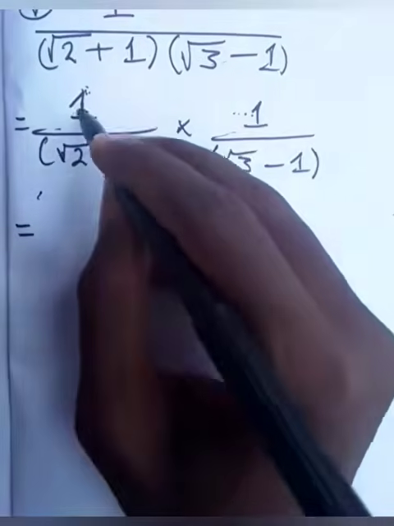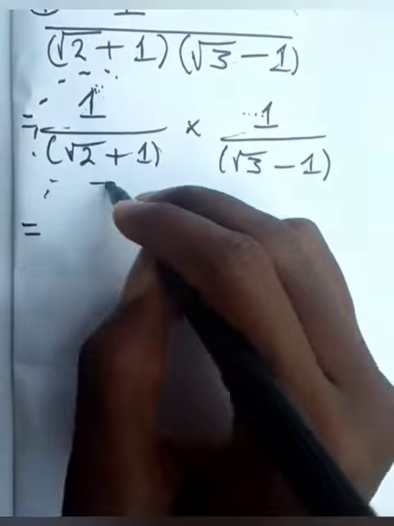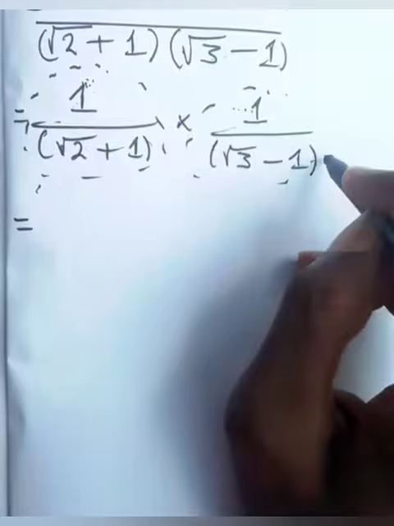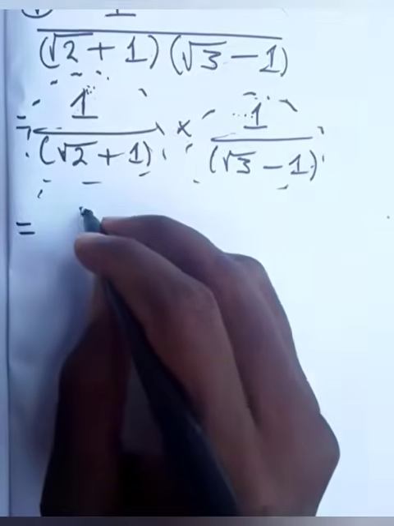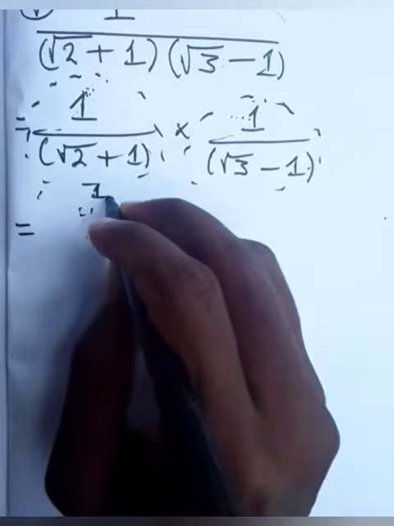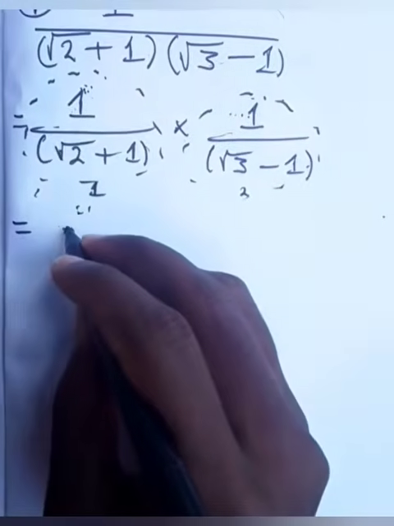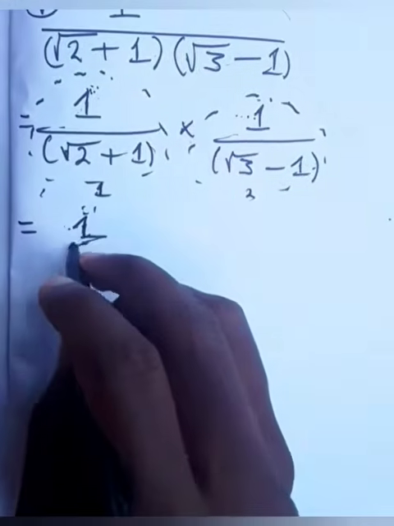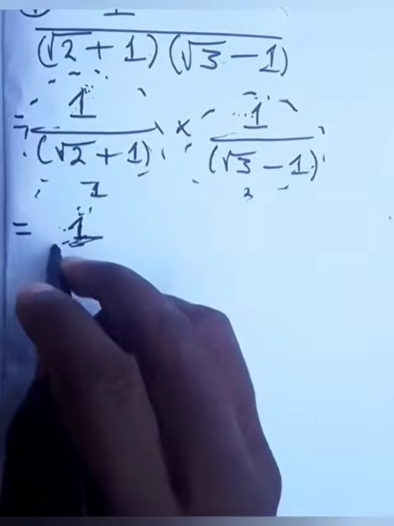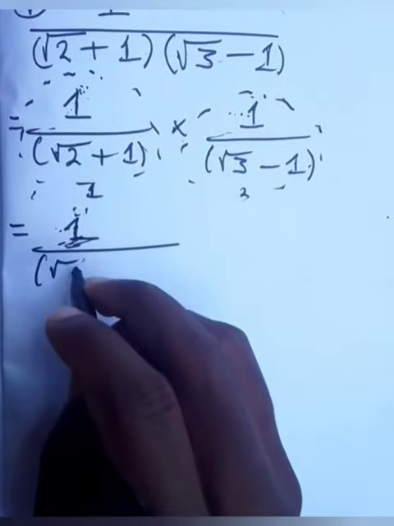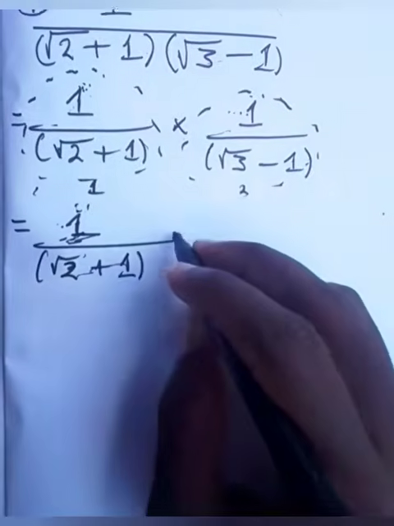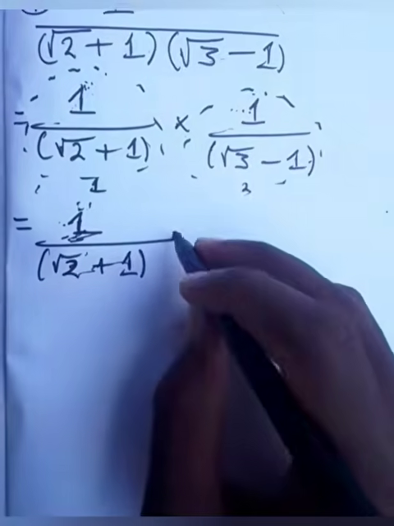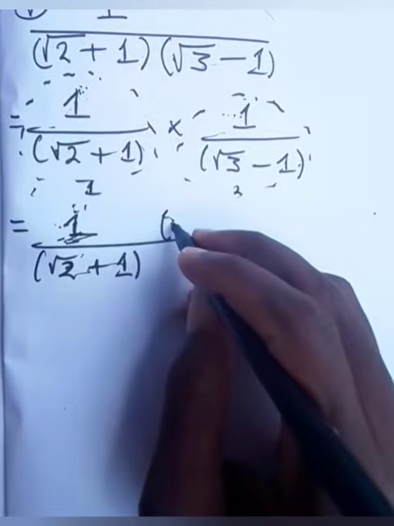So what you're going to do is that you're going to rationalize this and this individually. So let's start with this one. So let's call this part 1, this is part 2. So you're going to say 1 over, this is the first part, 1 over square root of 2 plus 1, right? So what's the conjugate for this one?